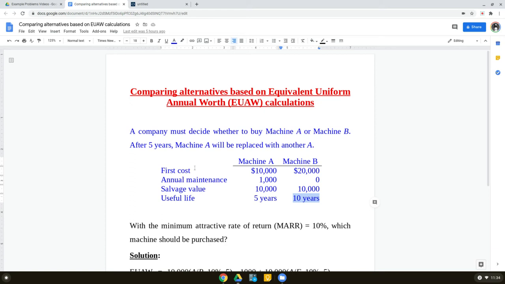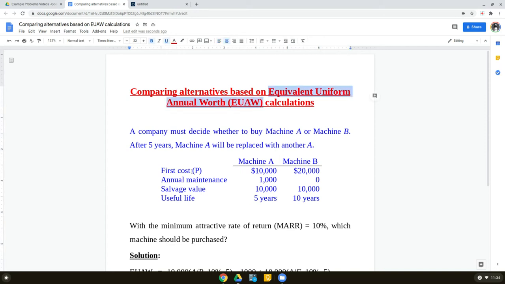So let's try to write down these cash flows as they happen in various years. For example, first cost, which is happening in time period 0, we also call it P, or present value, right? Present value, which in this case is negative, it's a cost. We want to compare these two alternatives by calculating their equivalent uniform annual worth, right?